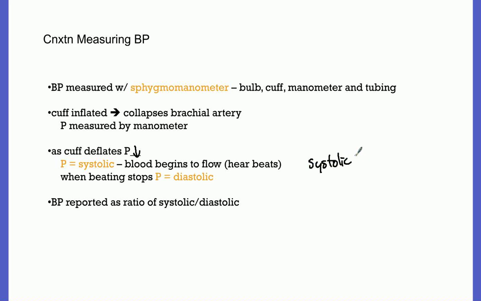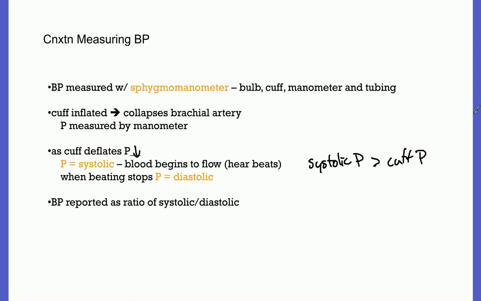Once that systolic pressure is bigger than the cuff pressure, blood's going to start flowing again. But it's only going to be able to push its way through when the heart's contracting. That's when that systolic measurement is read. That's the high end, because the heart is contracting and pushing blood through your vessels.